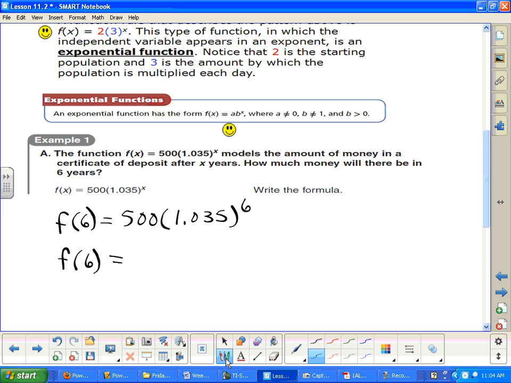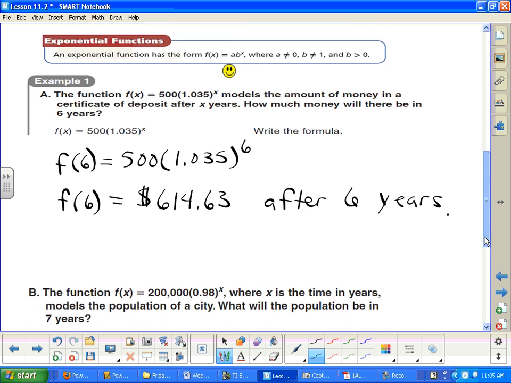Make sure you put your dollar sign on that number and have some kind of explanation of it. Like I said, nowadays those CDs are about 1.25%, where this one was 3.5. Your money won't increase that fast, unfortunately.